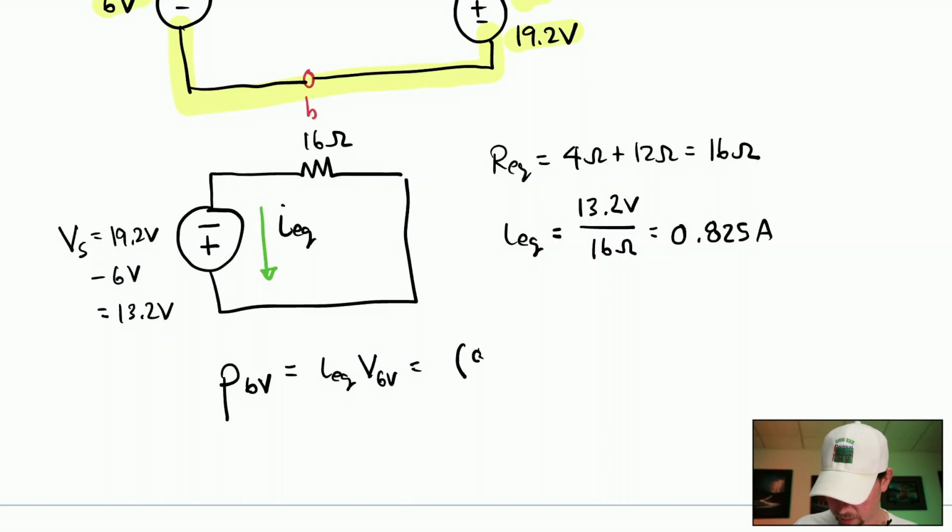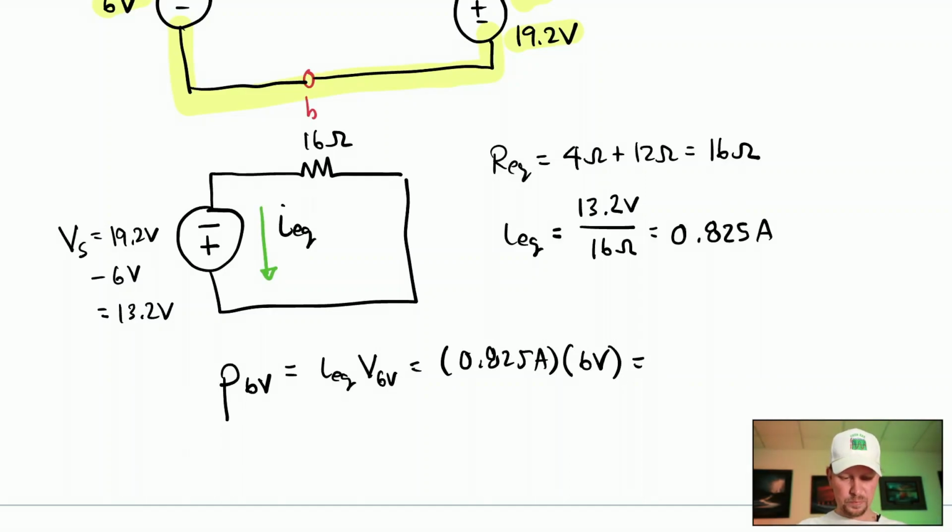And this is 0.825 amps times the 6 volts. And if you actually calculate that out, 0.825 times 6 volts, this is a grand total of 4.95 watts.